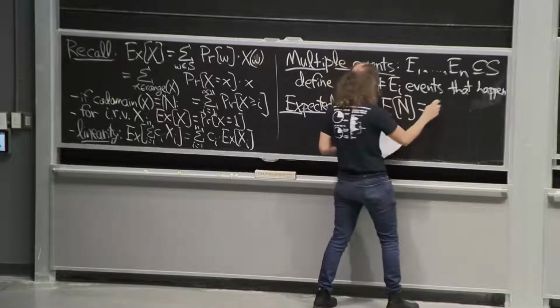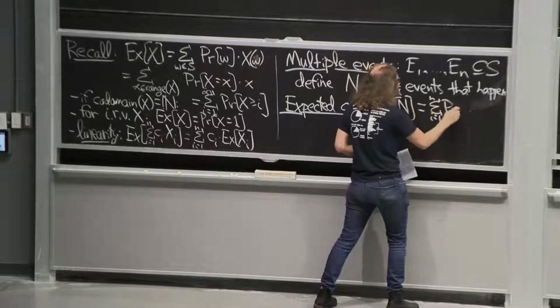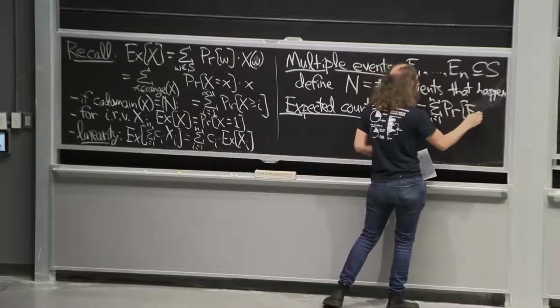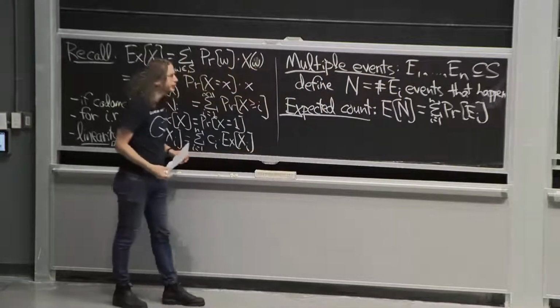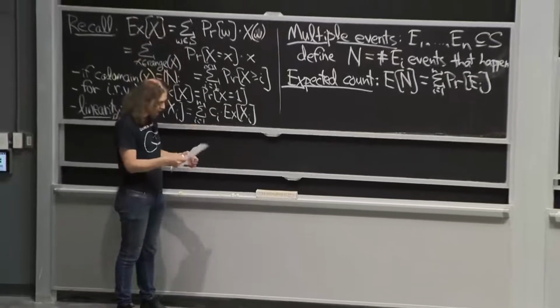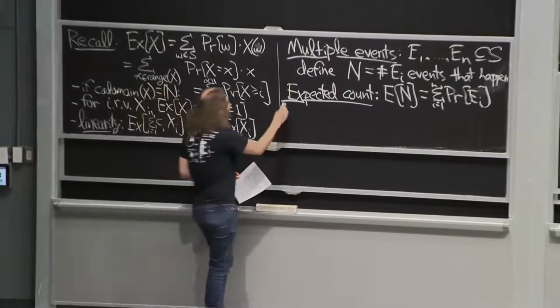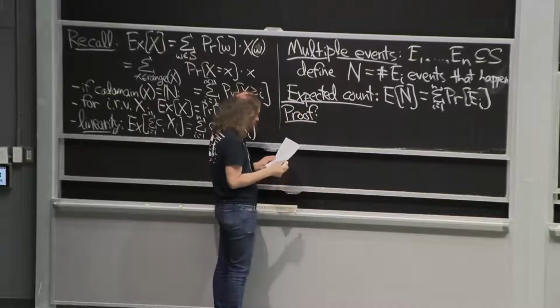There's a nice formula for this, which is sum I equals 1 to n of the probability of event I. Okay, this is pretty much a warm-up. It's very similar to things that we did last time. In fact, we did a special case of this last time. But let me remind you those techniques, and let's actually do it for this example.